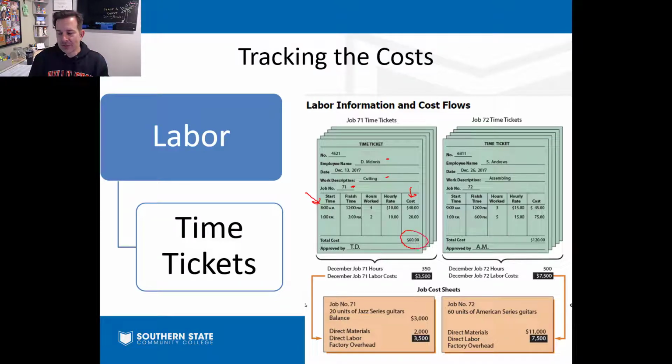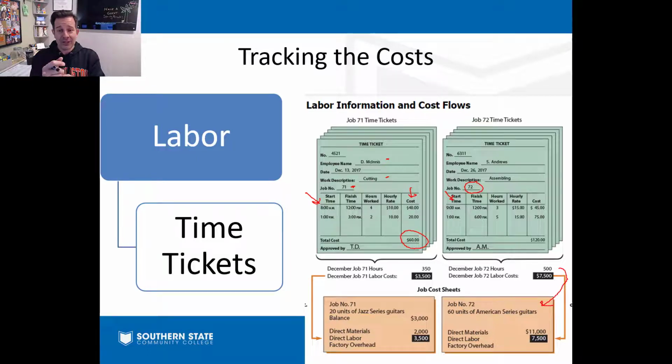That $60 of labor gets added to job 71. I should say $60 times the hours worked. Job 72, same idea. Hours worked, and the cost of that labor going to job 72.